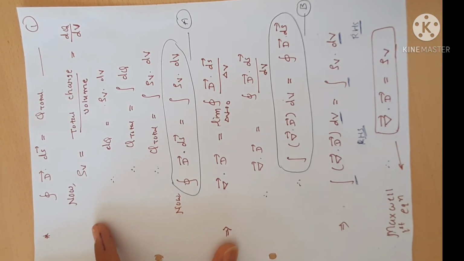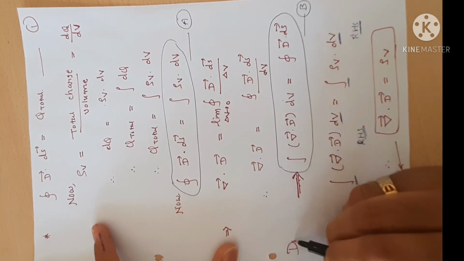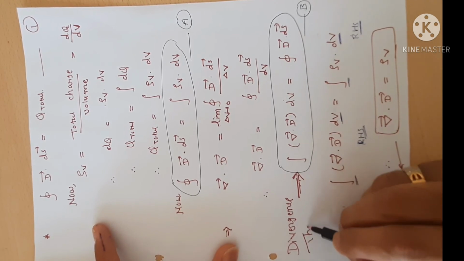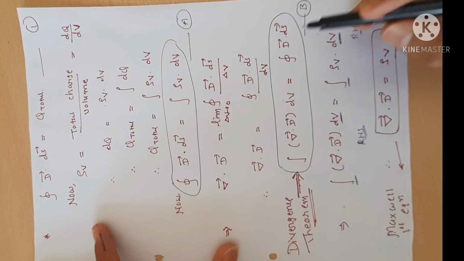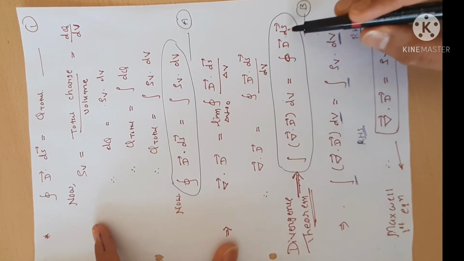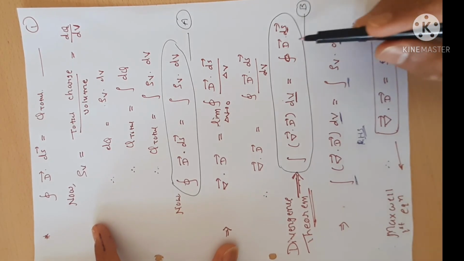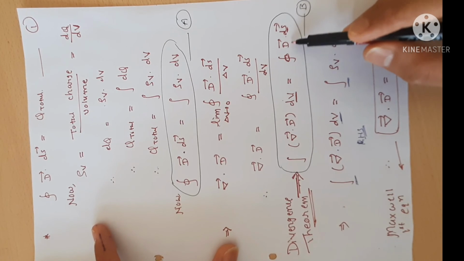So which one is the divergence theorem? This statement, integration del dot D dv equal to integration D dot ds, is called the divergence theorem. How? You can see a closed surface is converted into a volume. In this way we convert a closed surface into a volume. Here the vector is the D vector.